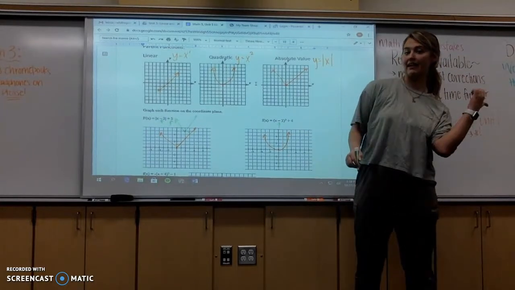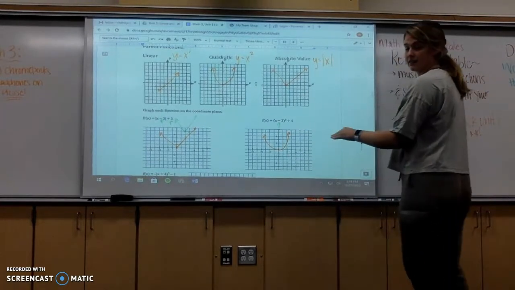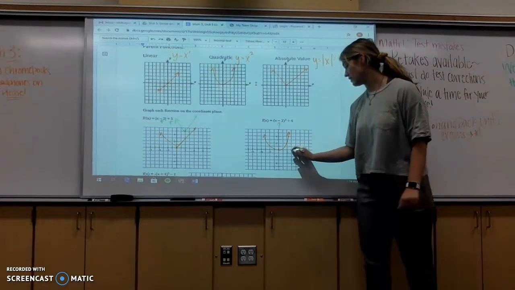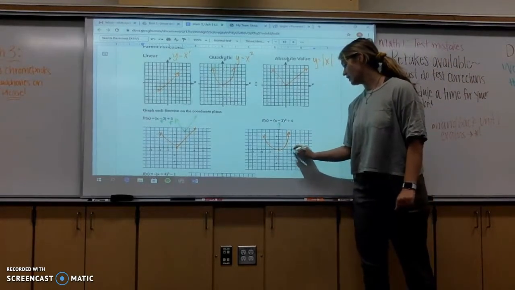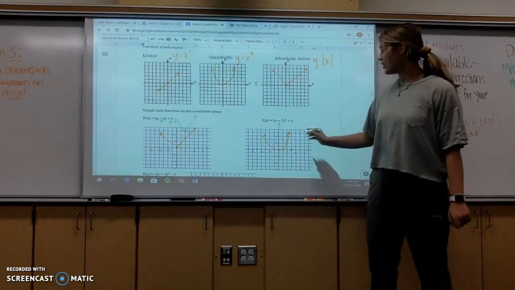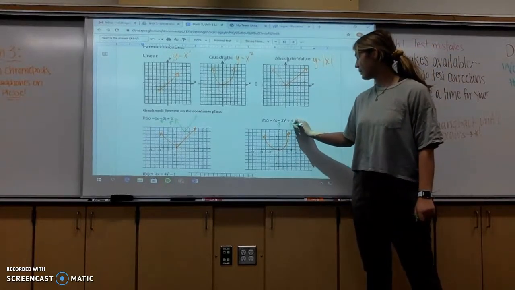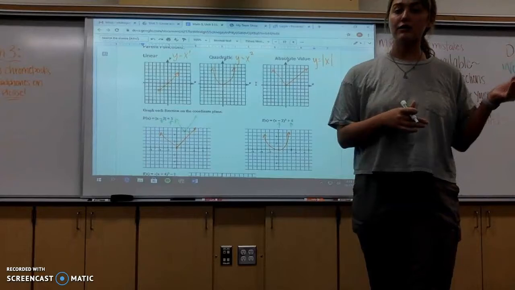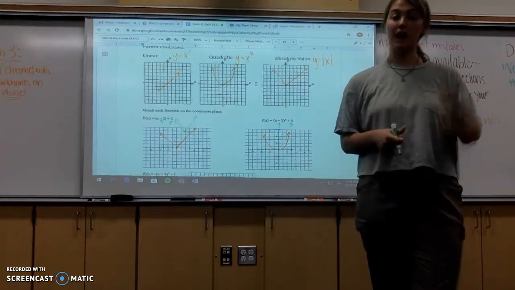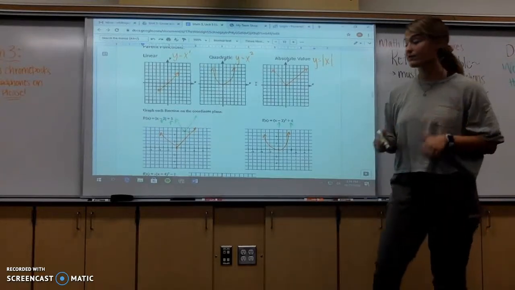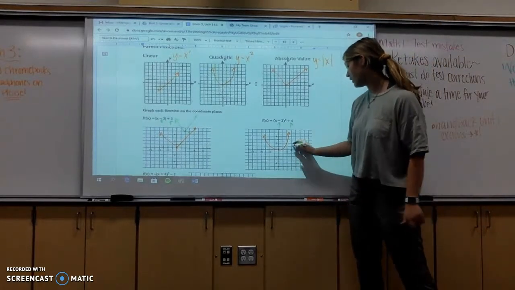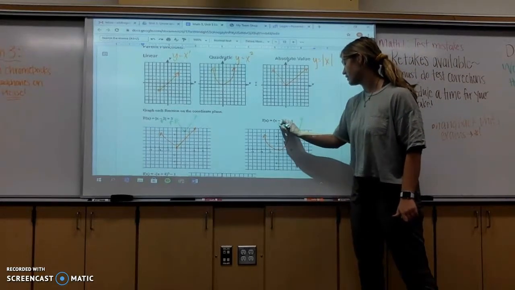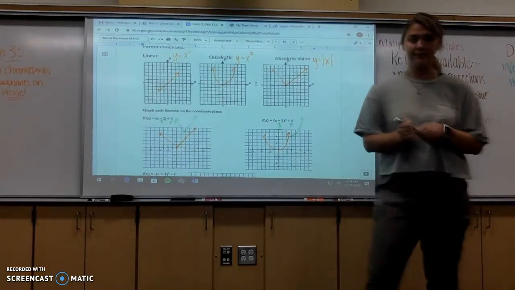We're going to move it to the right, positive 3. So 1, 2, 3. Also, this becomes a positive 4 on the outside of my parentheses. Anytime we add or subtract on the outside of parentheses, we're moving up or down. It's a positive 4, so we're moving up 4 right here. This is what my new graph looks like.